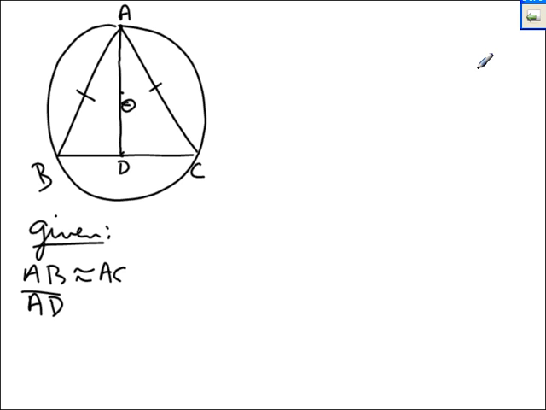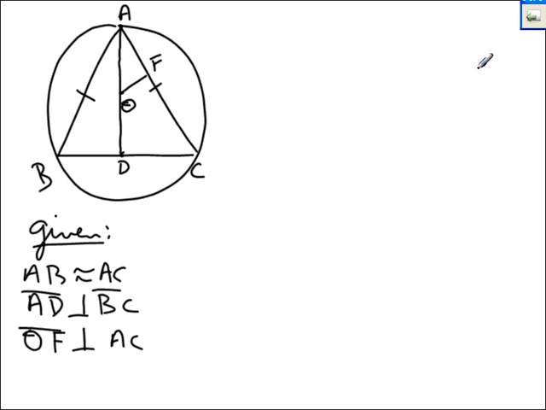So line segment AD is perpendicular to line segment BC. And another point, OF, is perpendicular to AC.